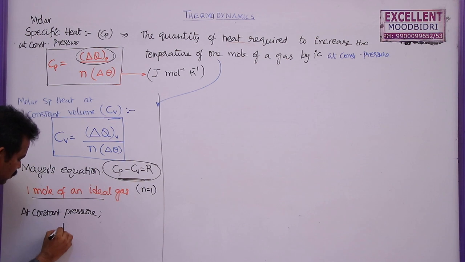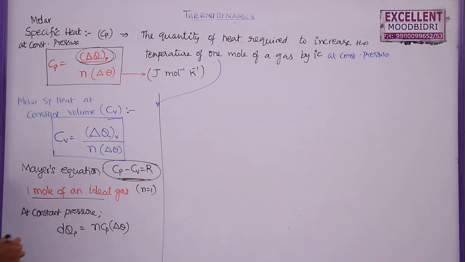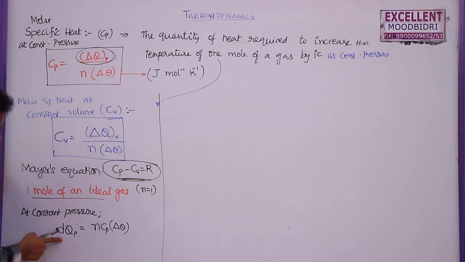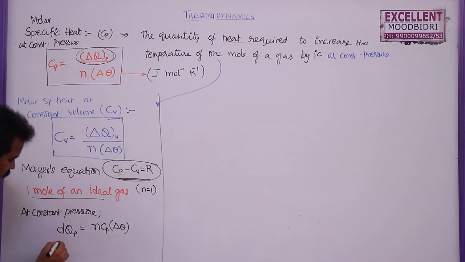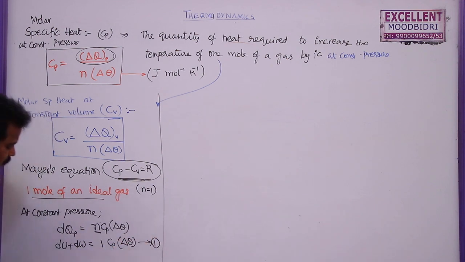So I am going to write dqp is equal to n Cp d theta. Whenever a gas is heated at constant pressure, the total heat supplied will be utilized to increase the internal energy as well as external work done. So I am going to write dq can be written as du plus dw from the first law of thermodynamics. Here n is equal to 1, so this will be Cp delta theta. So this will be equation 1.